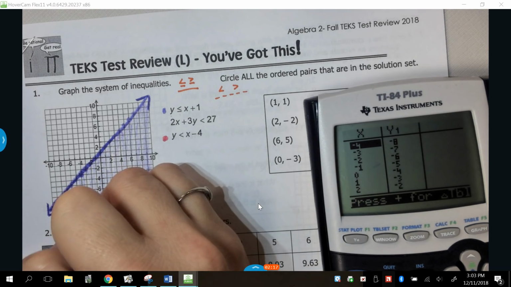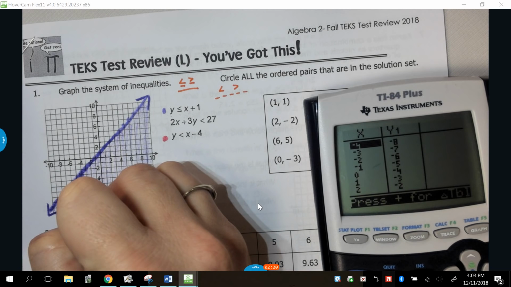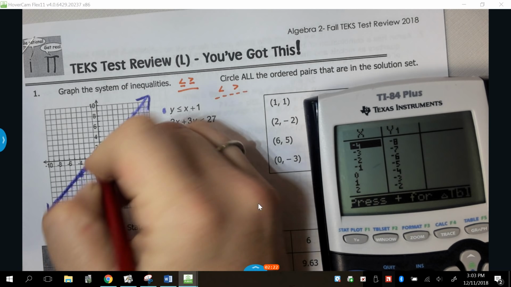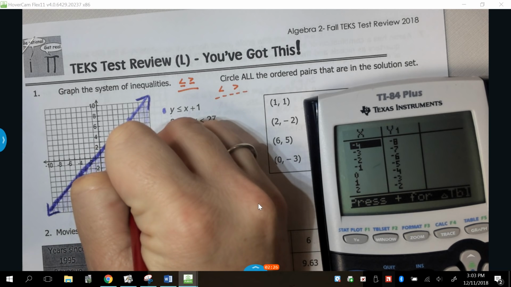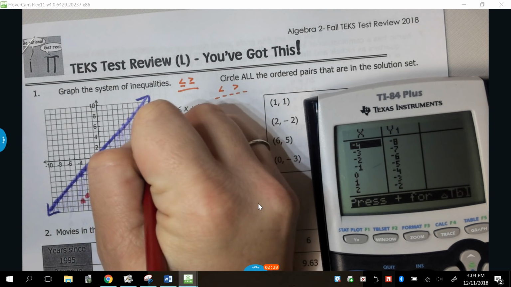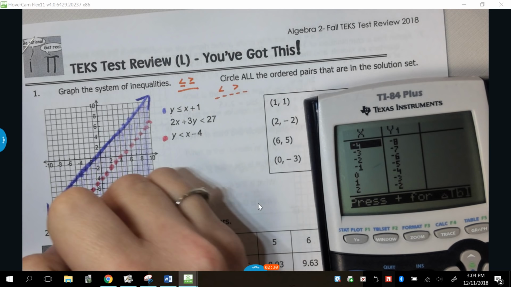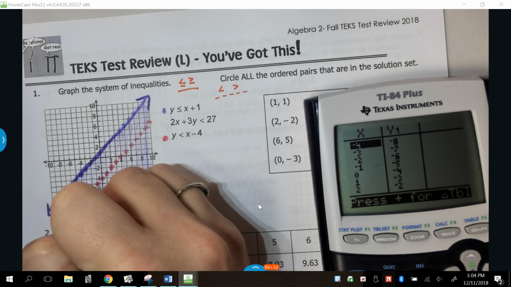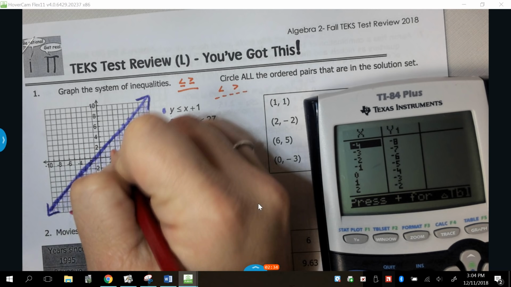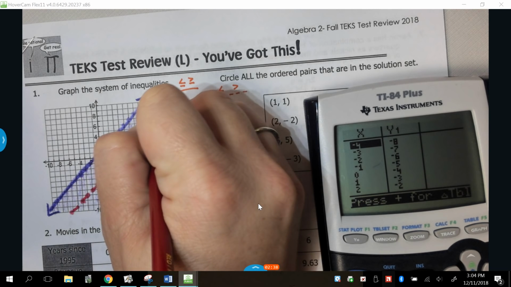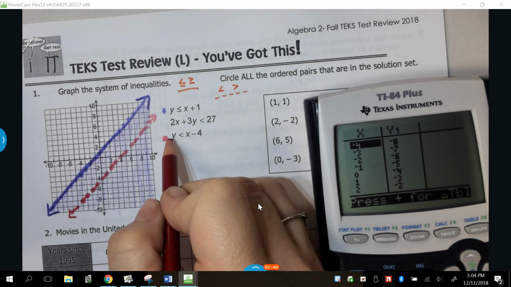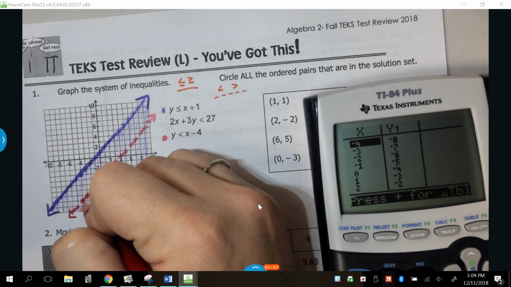And then -3, -7, and it's going up 1 over 1 each time. Now this time it's going to be a dashed line because it's just less than. So dashed line, and y is less, so it's below.